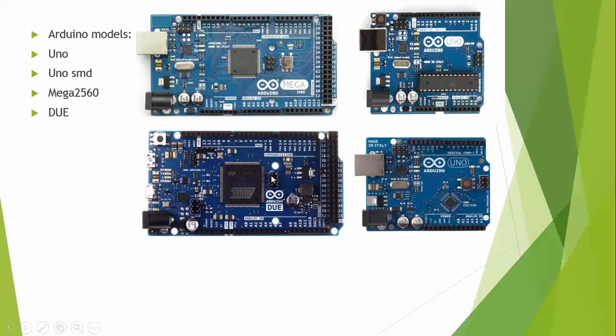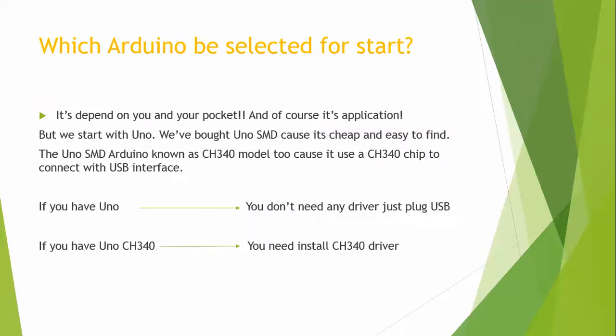So what happens if you provide 5 volts for Arduino Due? Okay, no problem. It just maybe fails or breaks down. Okay, which Arduino should be selected for a start? It depends on your pocket, I mean your budget, and of course its application.